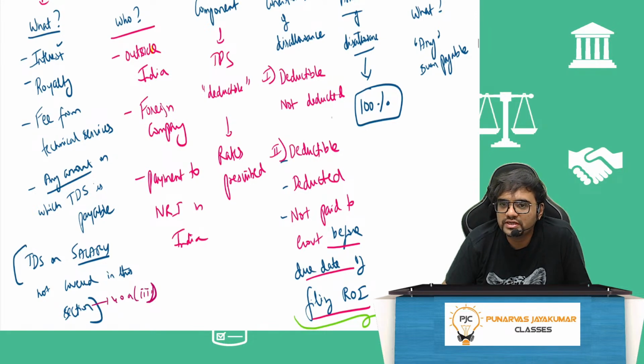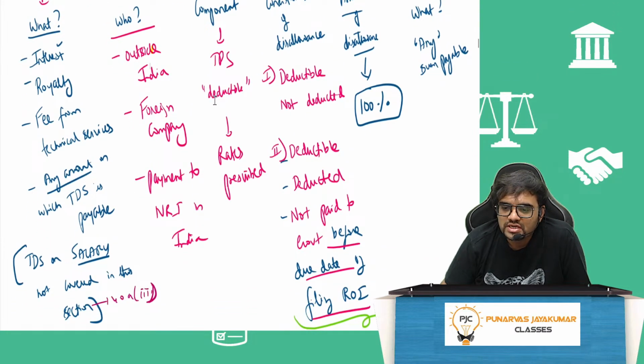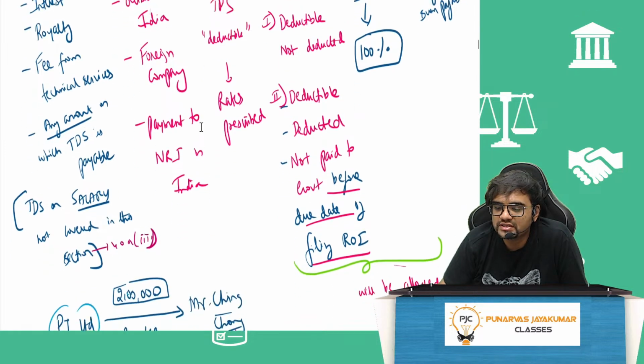What is the component here? TDS deductible. Whatever TDS you have to deduct. Conditions of disallowance: either it is deductible but not deducted, or it is deducted but not paid to the government before the due date of filing the return of income.